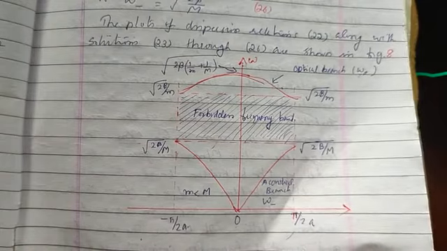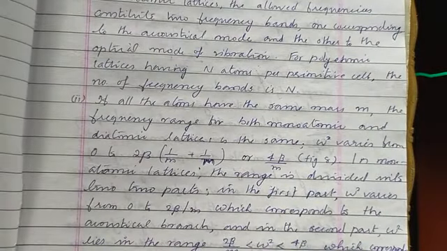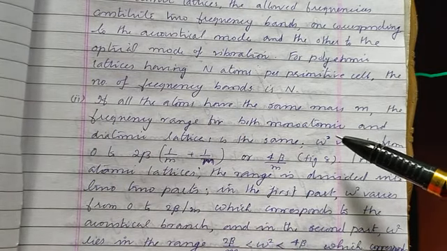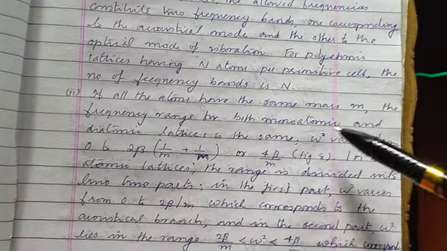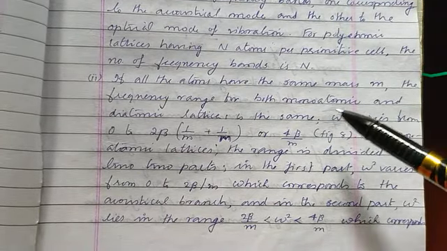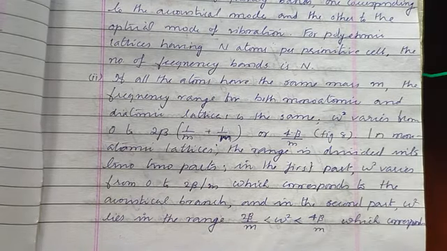In figure 8, this is nothing but this figure. So if all the atoms have the same mass, the frequency range for both lattices will be the same, omega square varying from 0 to 4 beta by m.